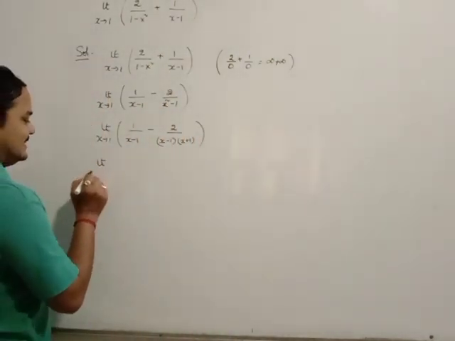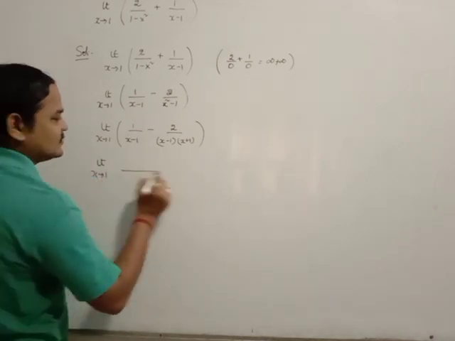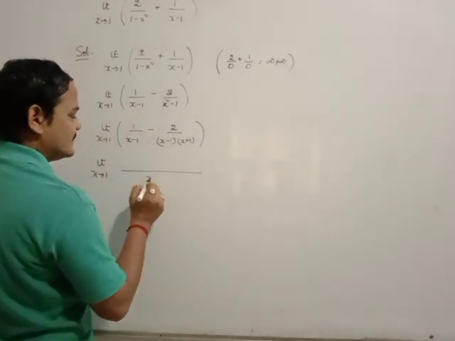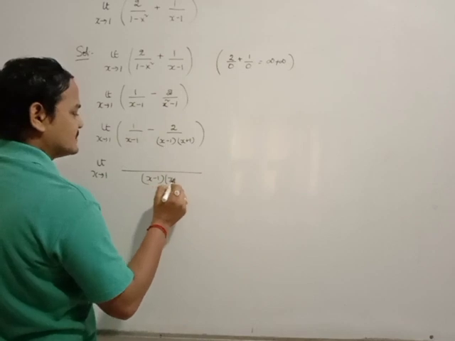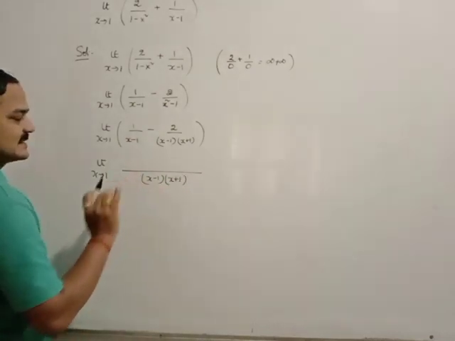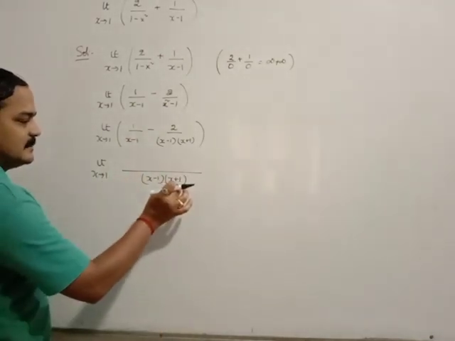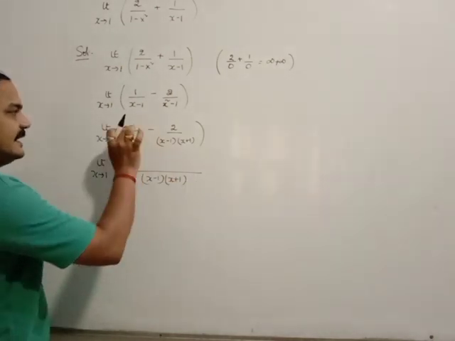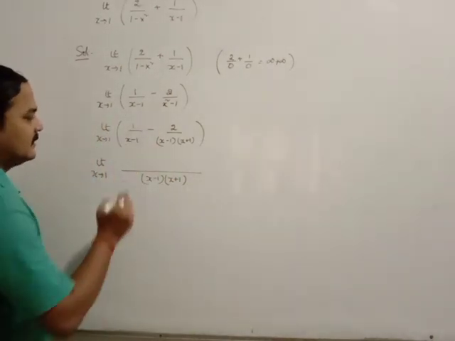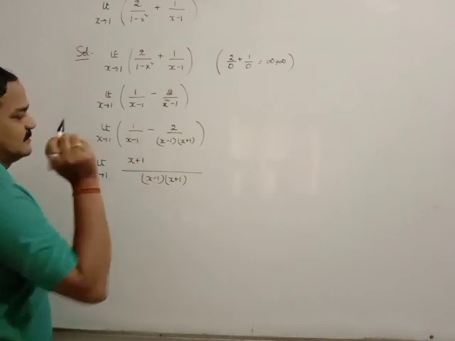Now go for the LCM. Limit x tends to 1. From these two, the LCM is x minus 1 into x plus 1. So first of all x minus 1 can be cancelled and the remaining term is x plus 1, which is multiplied by the 1.